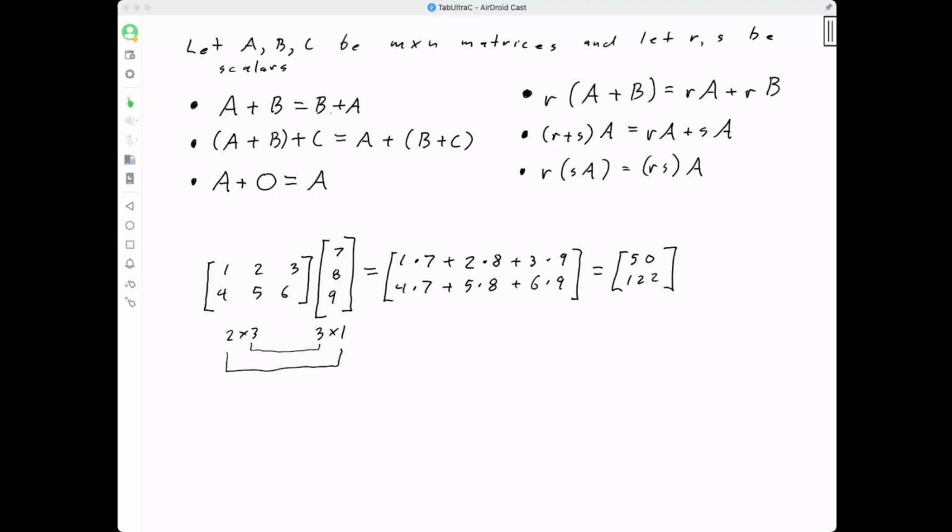And so I could represent this same idea with another vector. I don't necessarily have to just do multiplication by a vector. So let's say 1, 1, 2, 2, 2, 3, and I'm going to multiply that by a vector 1, 2, 3.